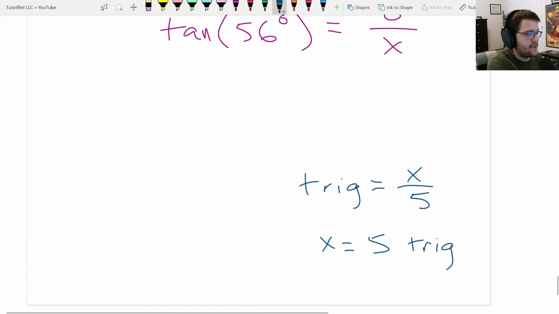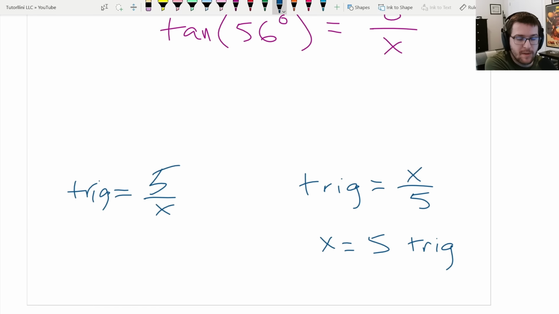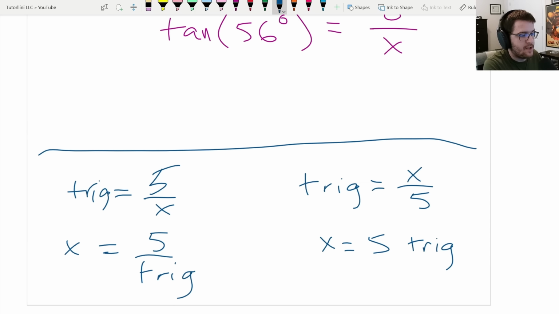But you could also have it like this: trig equals 5 over x, in which case you would multiply both sides by x and then divide by the trig. A really quick mental way of thinking about that is you are just swapping those two. So x would be 5 over trig. So you just quickly swap them. Make sure you understand how to solve for x once you do that.